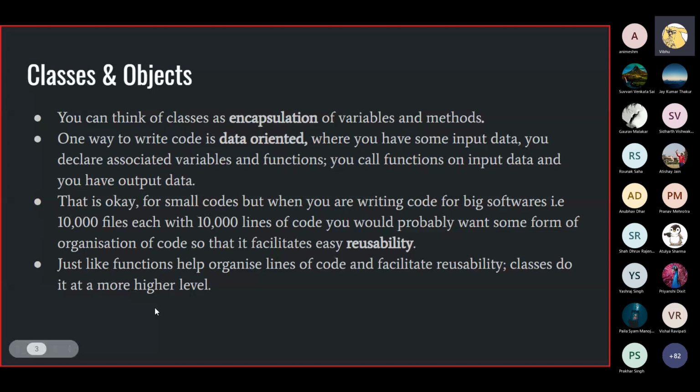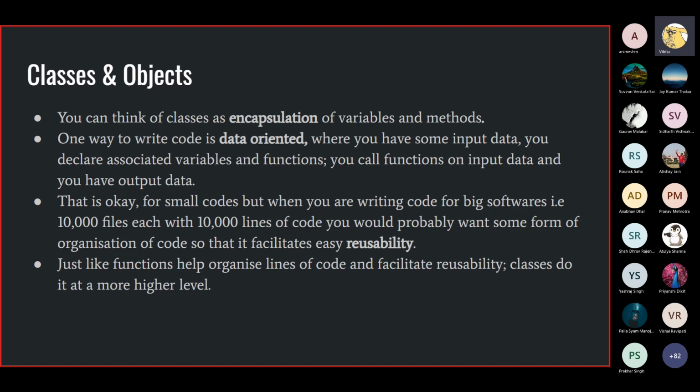So basically, if you go by the classical definition, when we're taught classes and objects, some of you might have studied them in class 11, 12th. We are told it helps in encapsulation of variables and methods. For example, if you have a class associated with a cube, you might have the size of an edge, and then associated functions which can calculate its volume, surface area, and other things. So this is a way of storing code, organizing it so that it can better be manipulated.